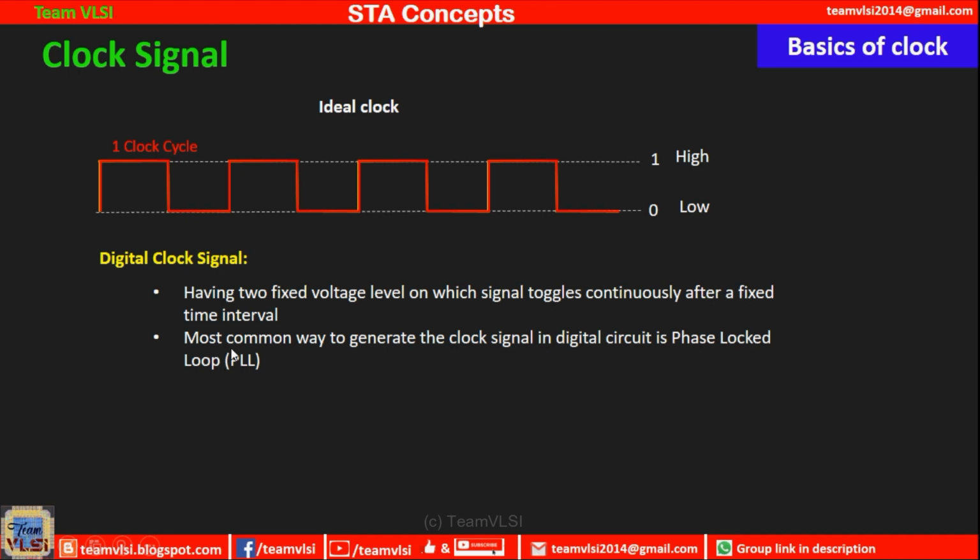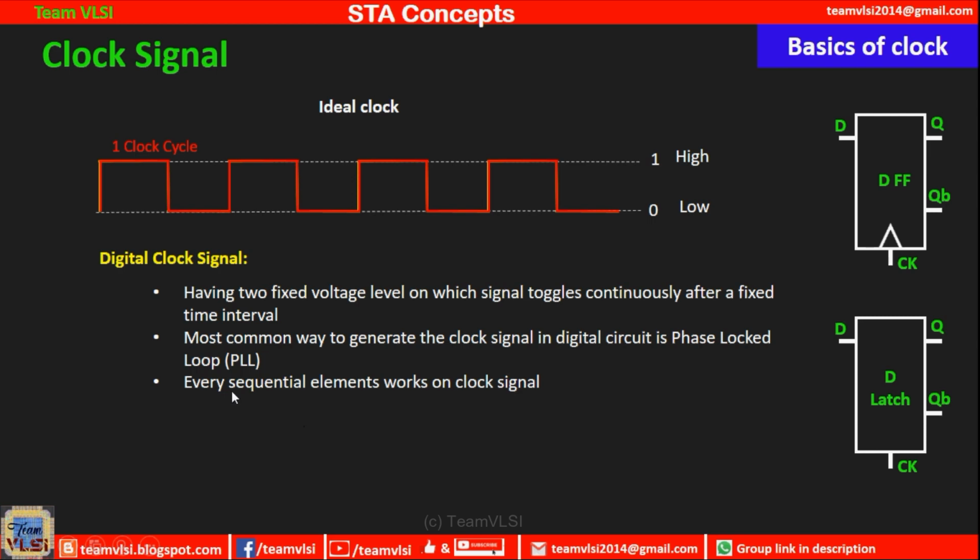Most common way to generate the clock signal in digital circuit is PLL, that is phase lock loop. Every sequential element in your design works on the clock signal, like your flops, latches, memories, all these things work on your clock signals.